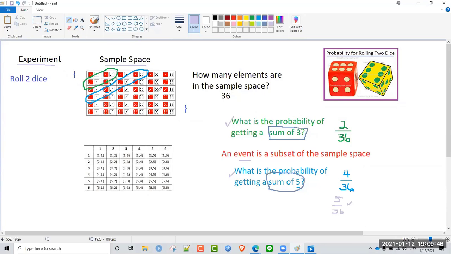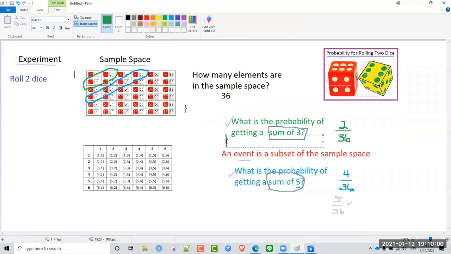So let's do one more of these, but before we do, let's identify the events using set notation. So this event, the event of getting a sum of 3, is going to be a subset, like I said.